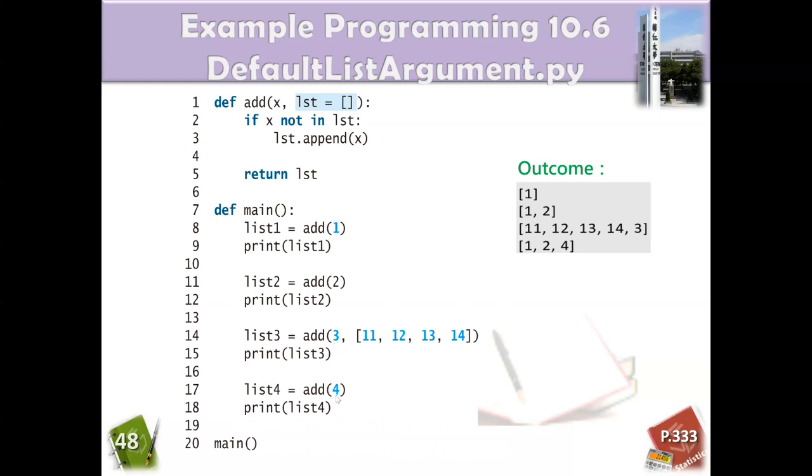If you add 4, you will go back to the empty list. So the result will be just like 1, 2, and 4. So it's totally different. It's a different system. When you use the function without the argument, then you will have the default argument directly connect, continue.